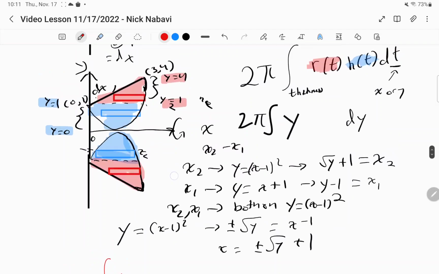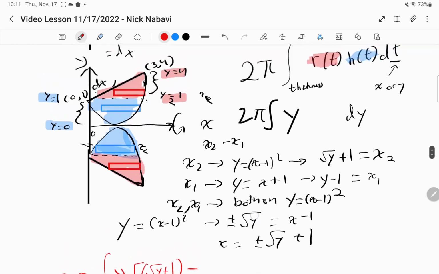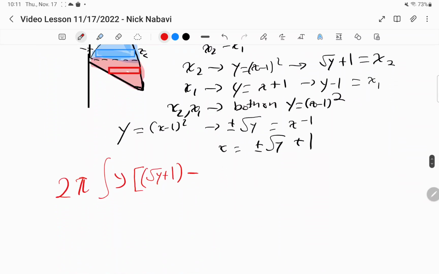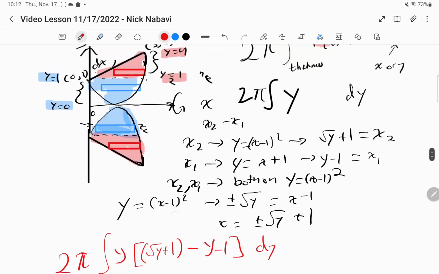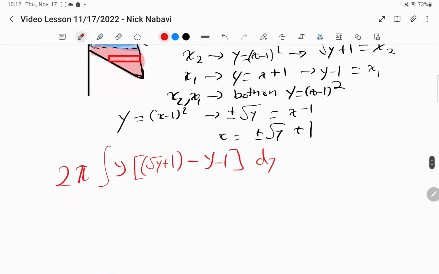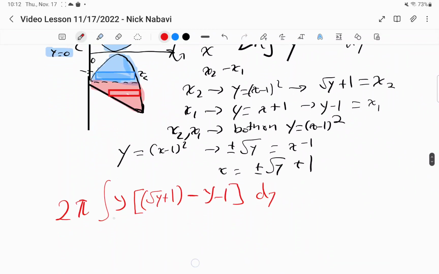So the upper bound is on the parabola, the inverse of the parabola, which is root y plus 1, and then minus (y minus 1), dy, from y going from 1 to 4 as we said. This is the red region we're talking about here.